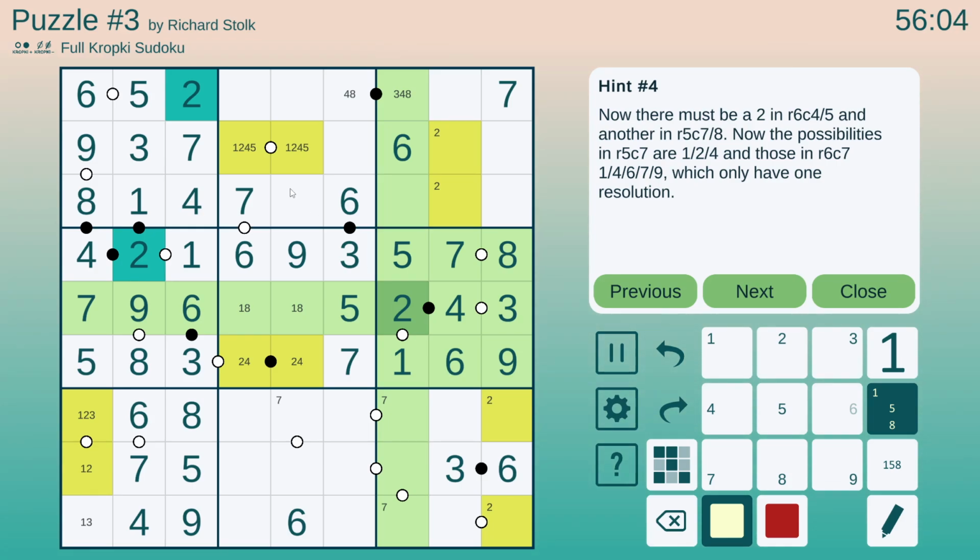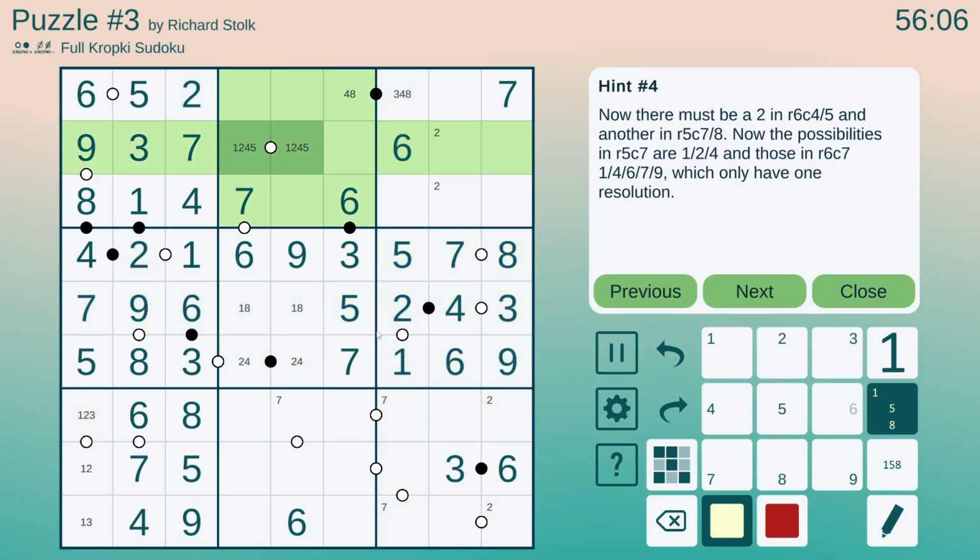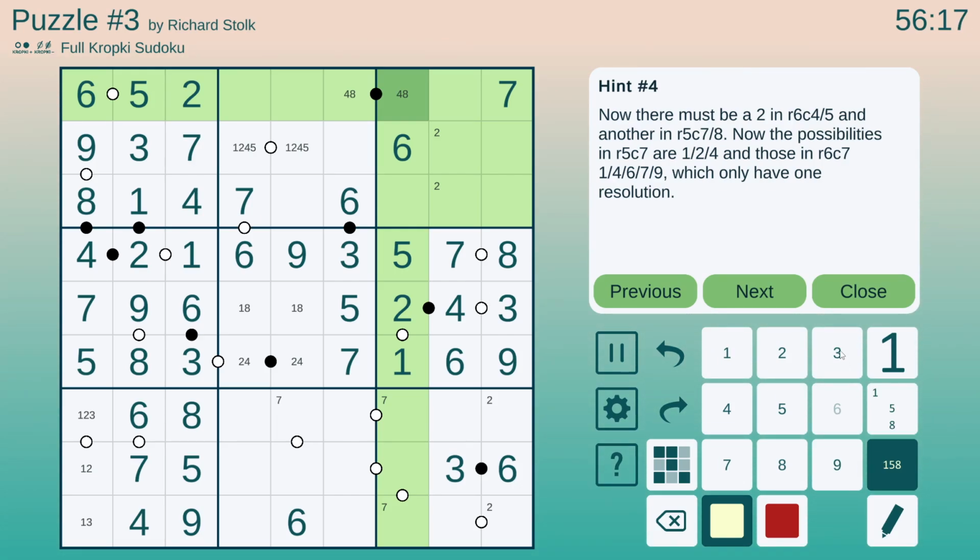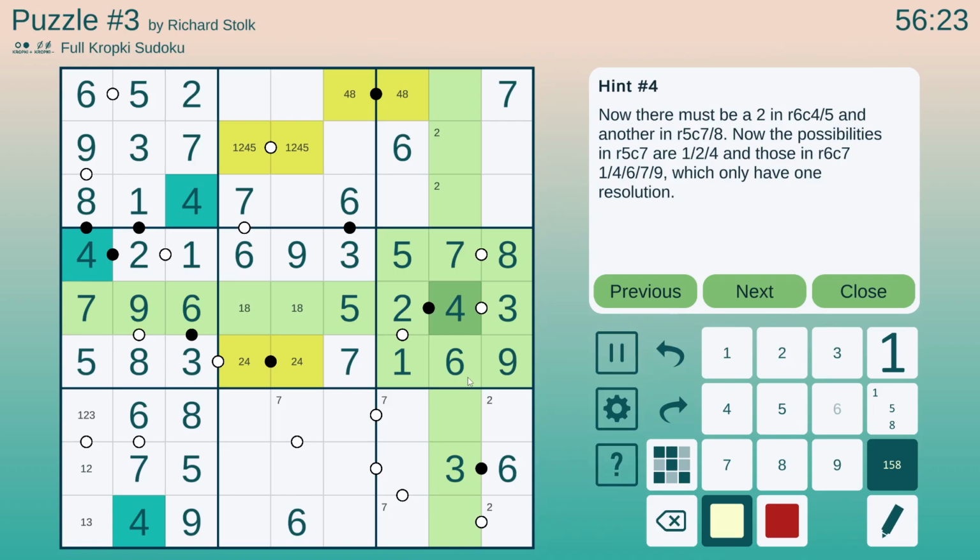Shoot, I still don't see any way to differentiate this from being a 1, 2, or a 4, 5. This can't be a 3 anymore. That feels more solid. That's a definite 4 or an 8. That seems nice.